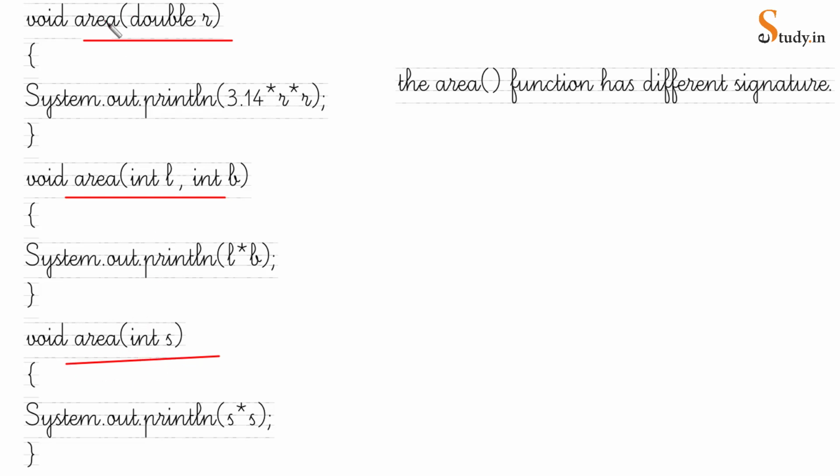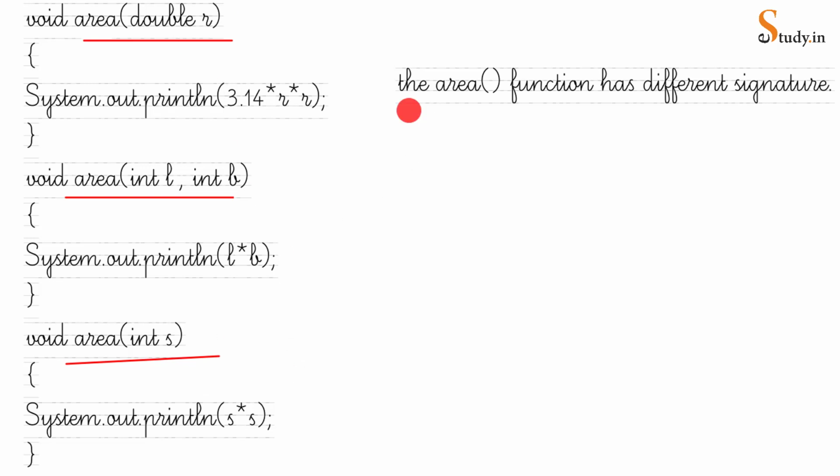So we have many function definitions with the same name, but the signature of each area function is different. This is function overloading.